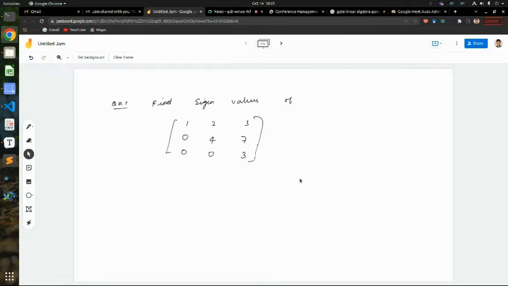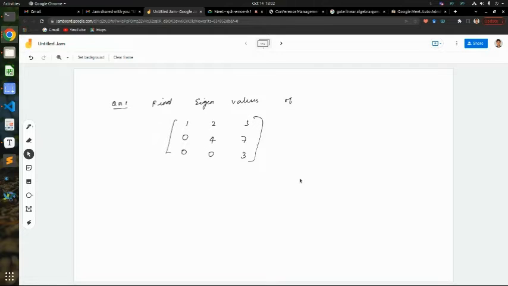As I mentioned, today we'll be solving three questions on eigenvalues. All of these questions were asked in GATE. Now the first question is very simple. They have given us an upper triangular matrix. In the previous class, we saw a use case where you convert a given square matrix to upper triangular matrix, and from there we saw how to obtain the inverse of a matrix, and also how to solve a system of linear equations.